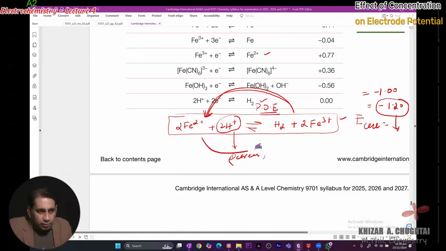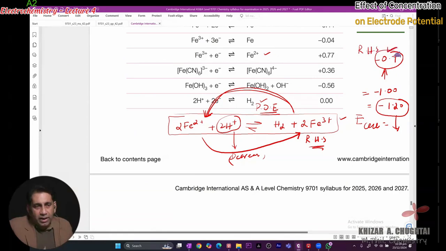If this is moving in the right hand side direction, then in this case obviously its worth will increase, meaning it may be minus 0.7. So if the equilibrium is shifting towards the right hand side, the answer's worth will increase.